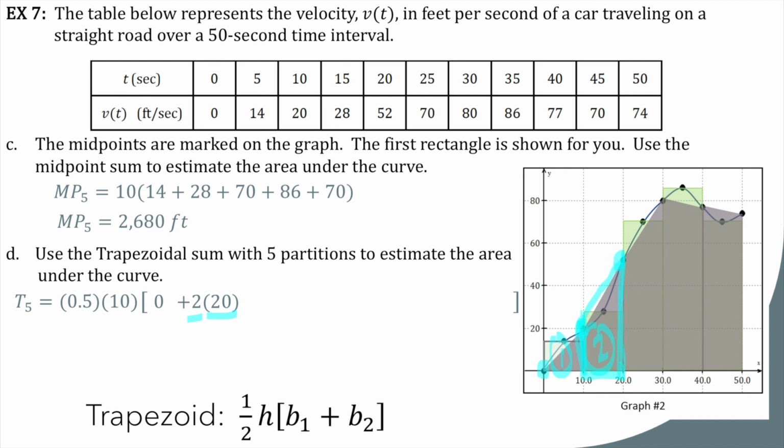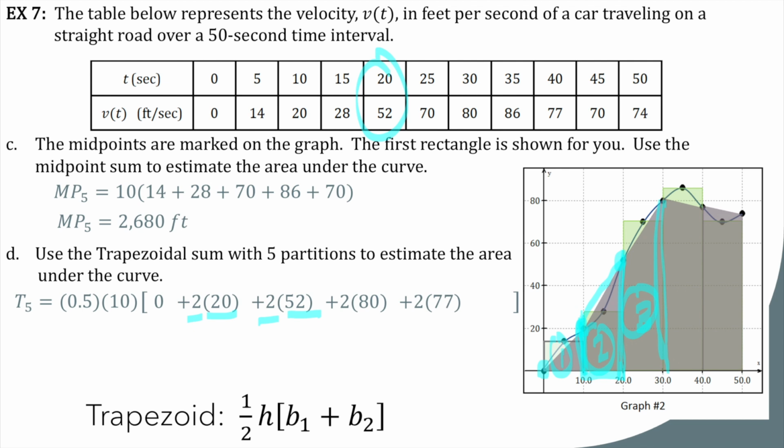And then for the second trapezoid, we already have our 20, and then the next one is 52. But that 52 is used on the second trapezoid and the third trapezoid, so we use 52 twice as well. And then at 40, we use that one twice at 80.